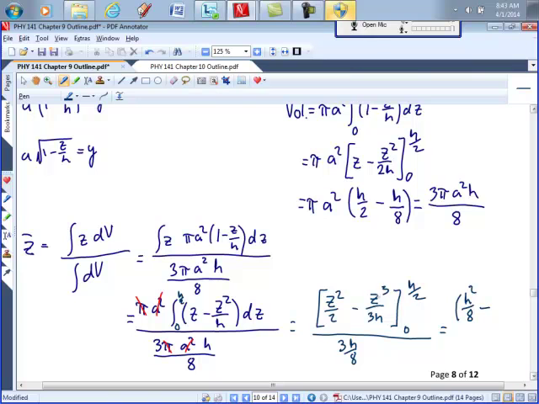And if I put h over 2 here, that's going to be h cubed over 8 divided by 3h, which is going to be h squared over 24. All over 3h over 8. So it's 1/8 minus 1/24.